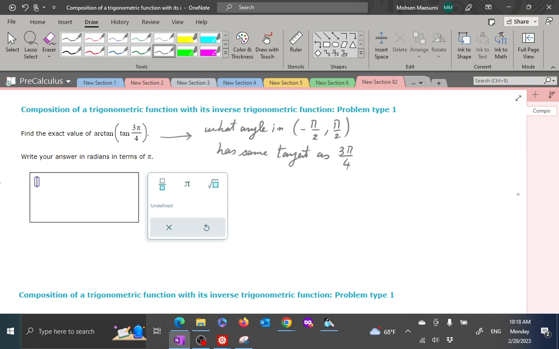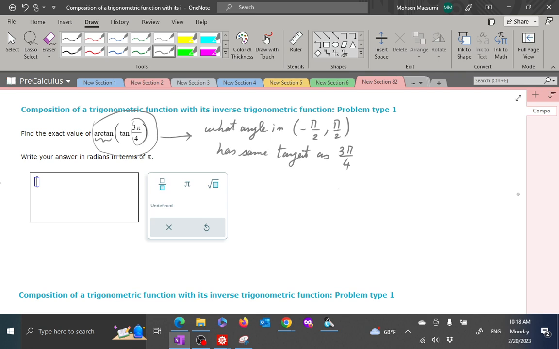So what is this formula talking about? This arctangent says find me an angle that is between minus pi over 2 and pi over 2, which is, as far as tangent is concerned, the same as 3 pi over 4. So how do we do this?